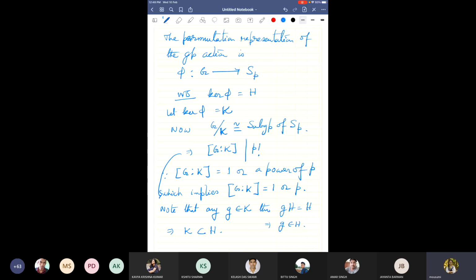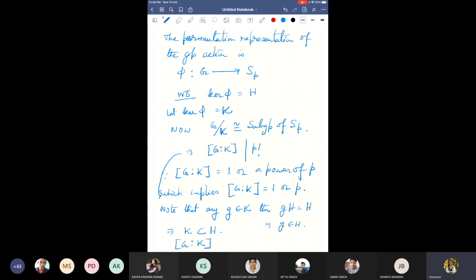So if K is contained in H, then what can you say about [G : K]? Can it be equal to 1? K is sitting inside H, and H is a subgroup with index P. If [G : K] is equal to 1, that means G is equal to K. But K is sitting inside H, so G cannot be equal to K, right?